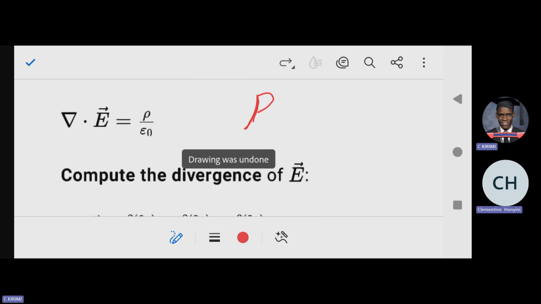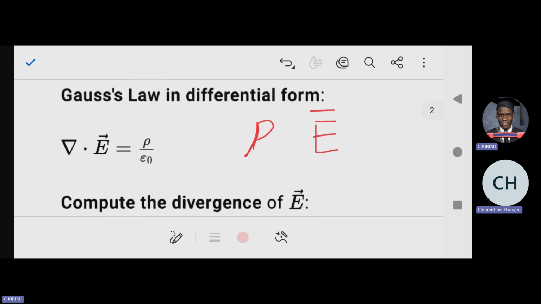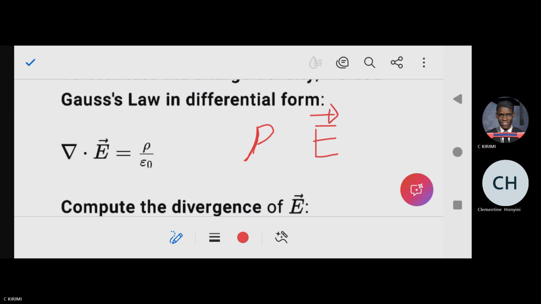It's not an E. Those E are different: the E which is a vector, the electric field, and epsilon naught, which is a constant.